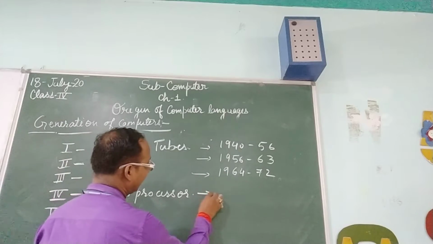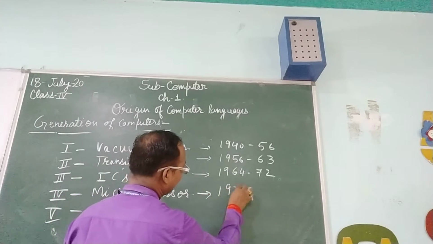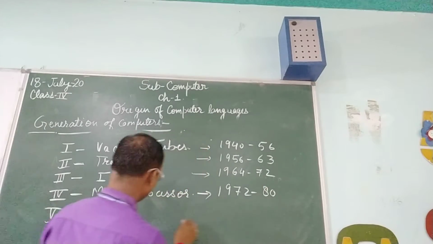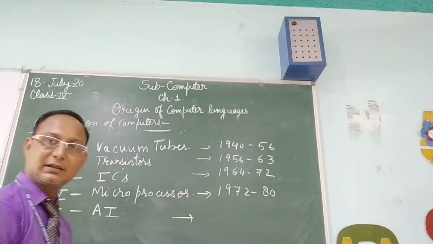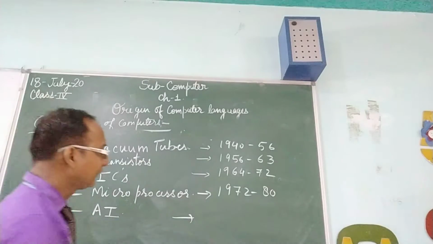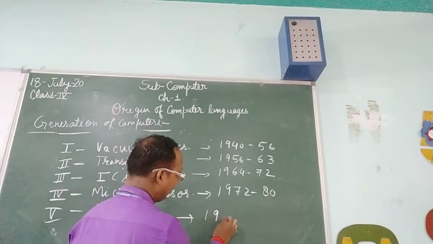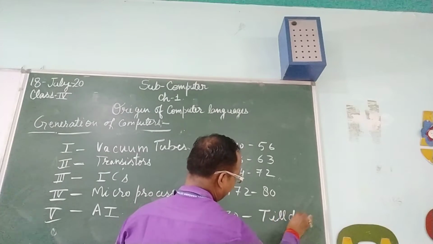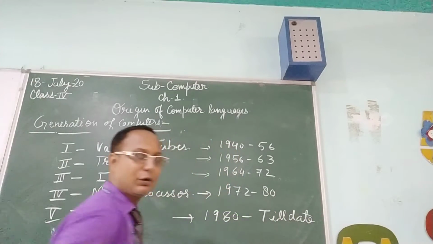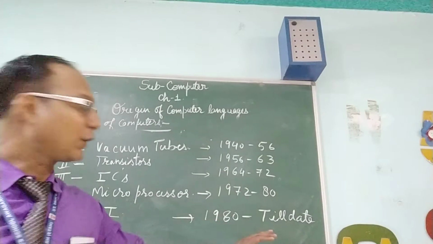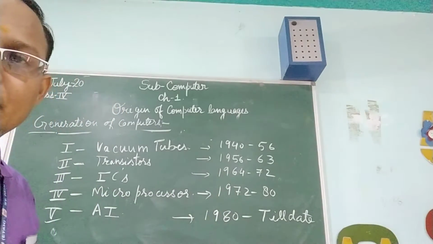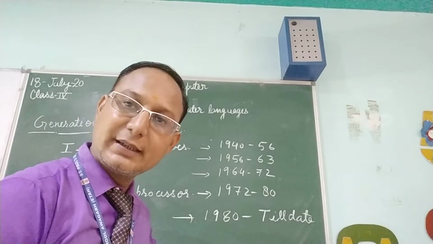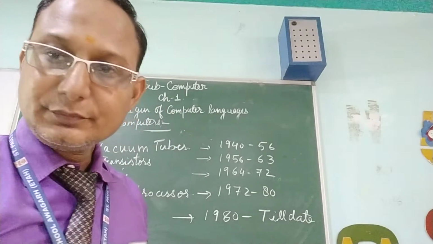Fourth generation technology was from 1972 to 1980. And in the fifth generation, this technology was used from 1980 till date. You can also note down in your notebook the years defining the different technologies. Okay? Understand? Okay.